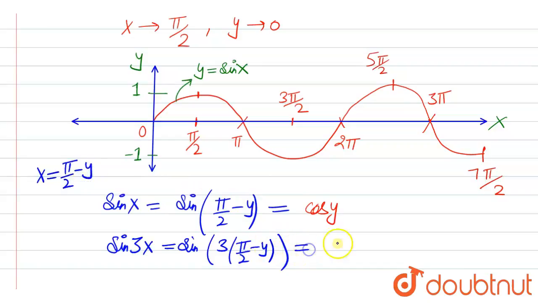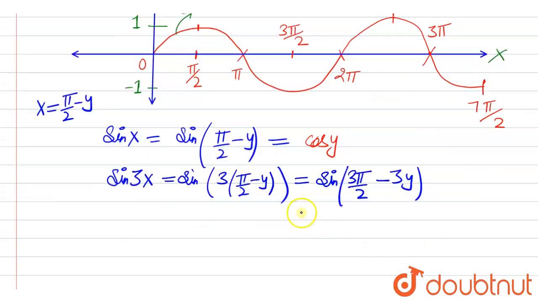So this becomes equal to sine of 3 pi by 2 minus 3y. Now from the graph we can see that sine of 3 pi by 2 minus something is negative. So this is minus of cos 3y.